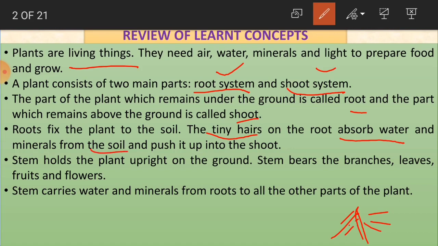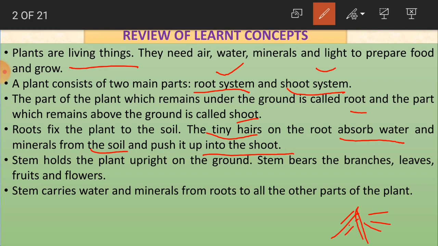Normally when we pour water, we pour it on the soil, and from the soil the water reaches the roots, and the minerals along with the water are absorbed by the roots, and again they push it up into the shoot. Push it up in the sense they send it to the shoot.